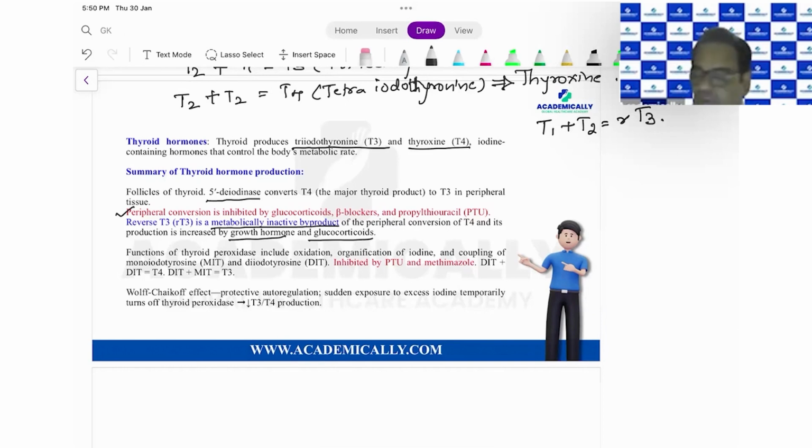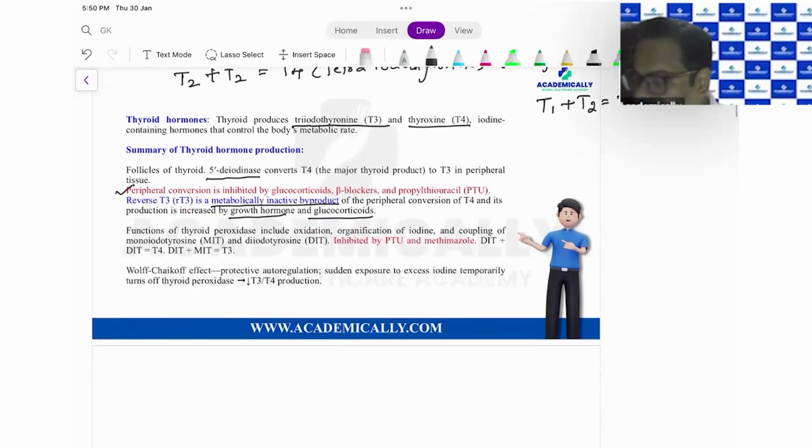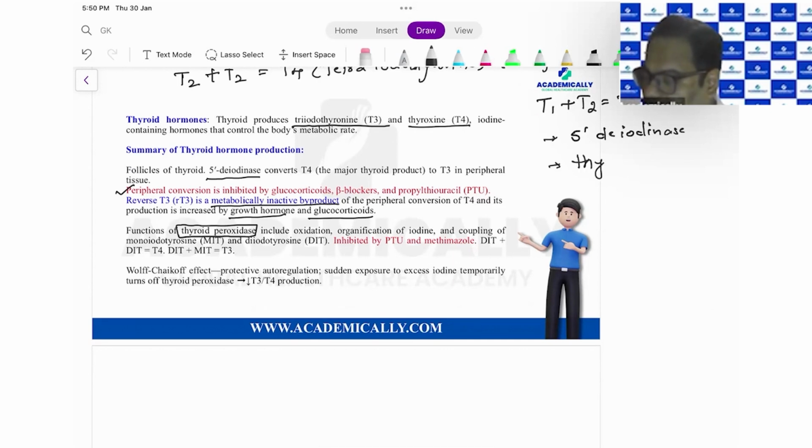Now, there is another enzyme called thyroid peroxidase. So there are two important enzymes that we studied just now. One is 5-D iodinase. The second enzyme that is very important is thyroid peroxidase.